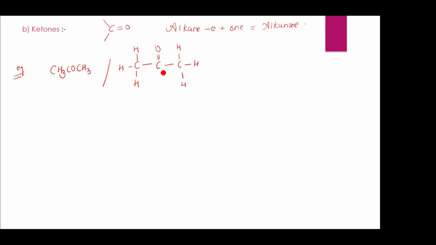So we have a 1, 2, 3 continuous carbon chain. The word root will be prop, and the functional group is one, ketone. So the name of the compound is propanone.